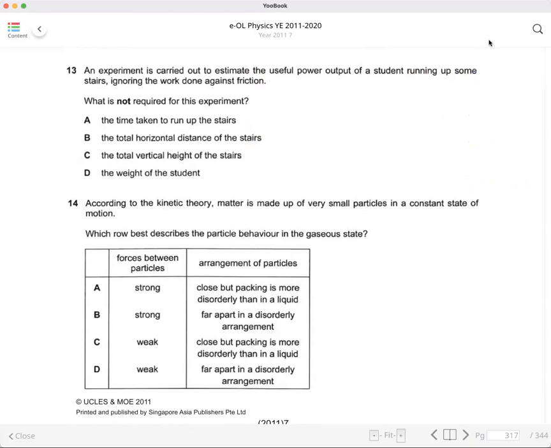Okay, I think the answer is correct for Yiting, Ryan, and Hao Rui. Okay, very good. Oscar, well done.